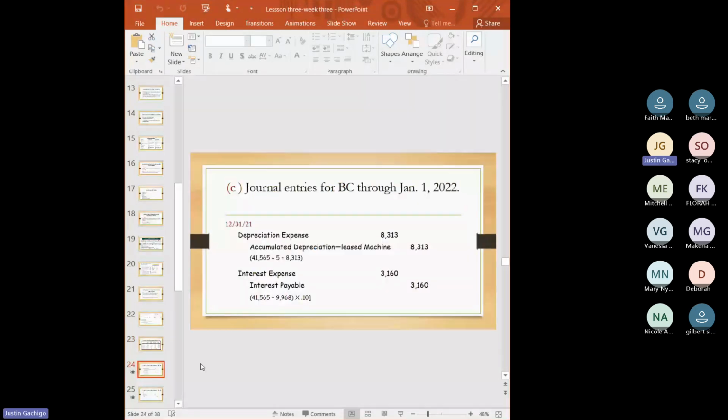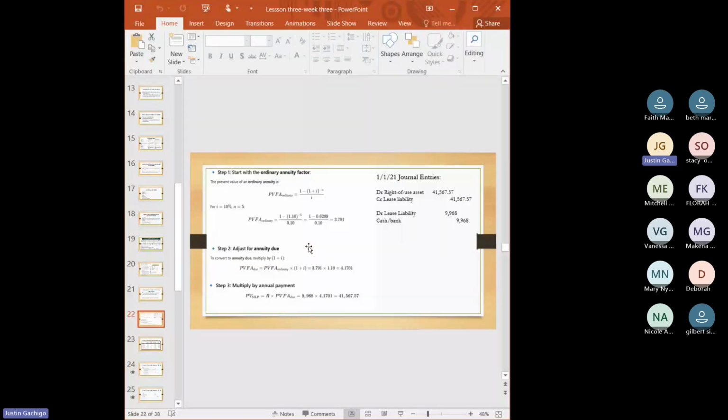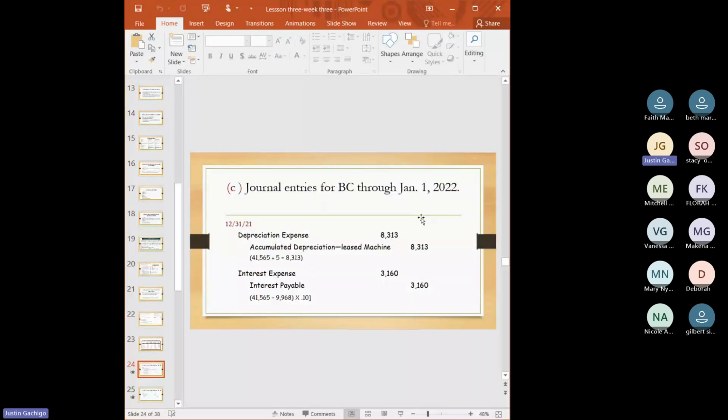So the other journal, we have the depreciation expense. So this is the depreciation. So accumulated depreciation, you get the whole amount because we are depreciating this asset on a straight-line basis. So this is the present value divided by 5 years. So per year, you get the depreciation expense of that amount.